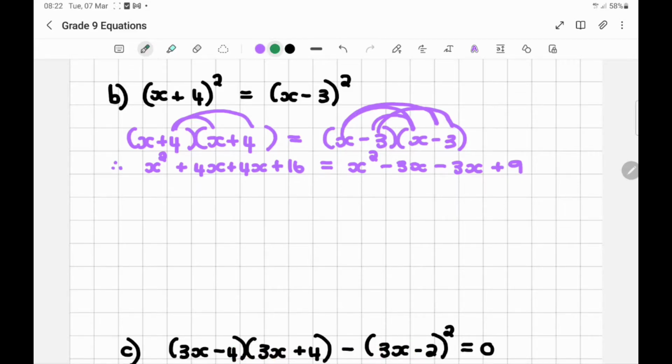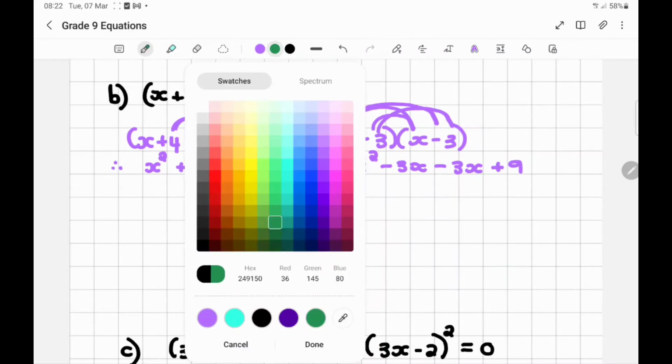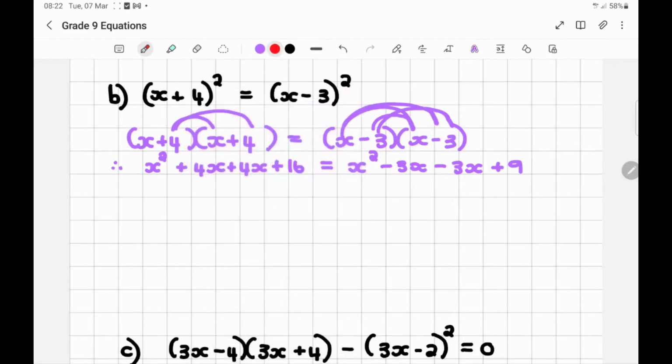Okay, let's just get another color here. So if you've got x squared and x squared on each side, you can just cancel it out. The proper way of actually doing it is you subtract x squared on each side. So if you want to take it over as well, it would become a minus x squared, which then falls away.